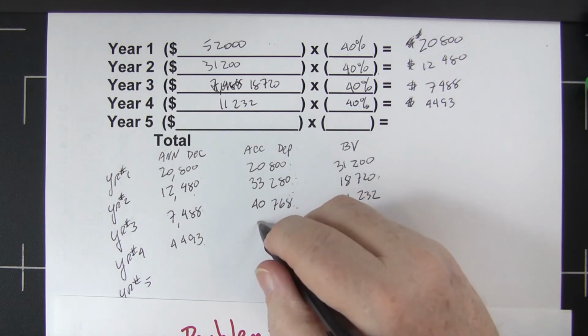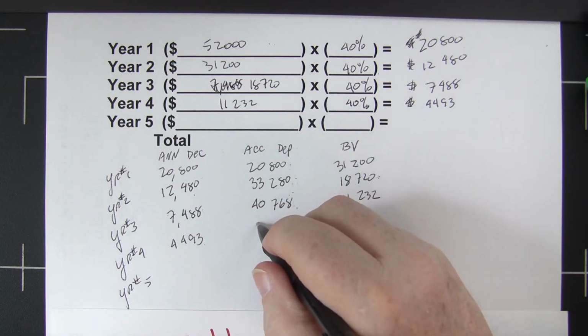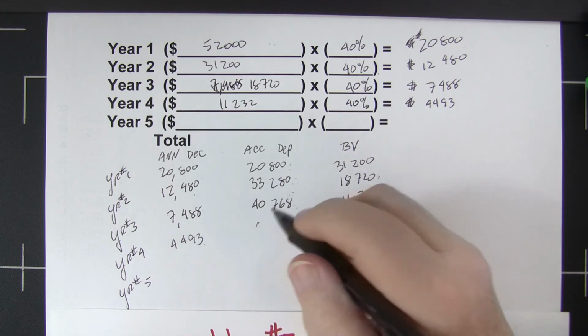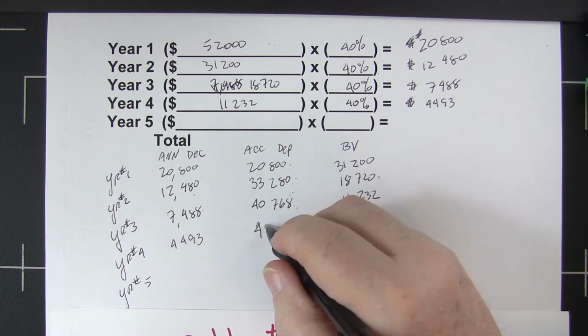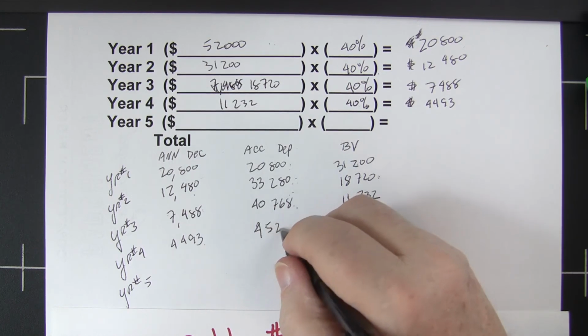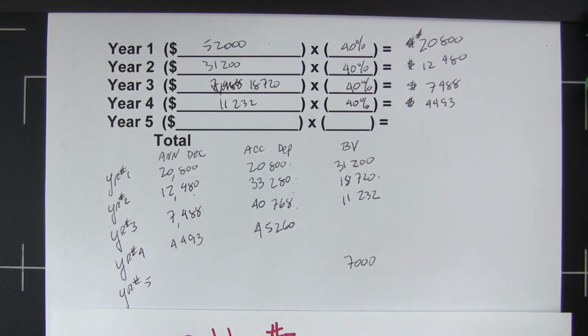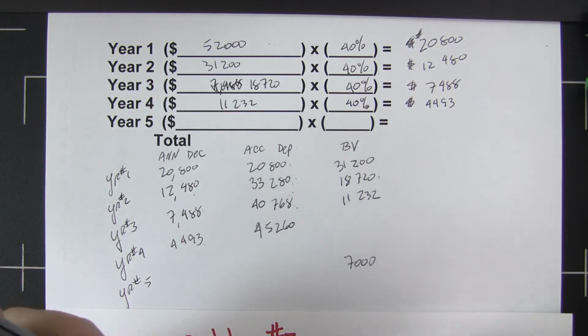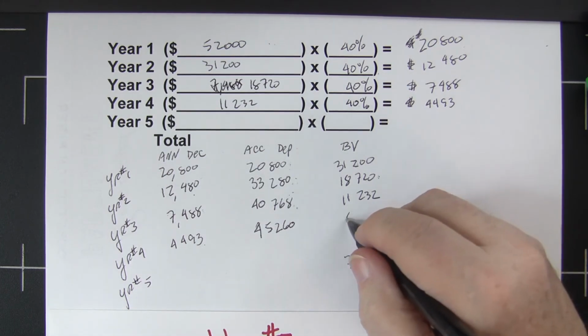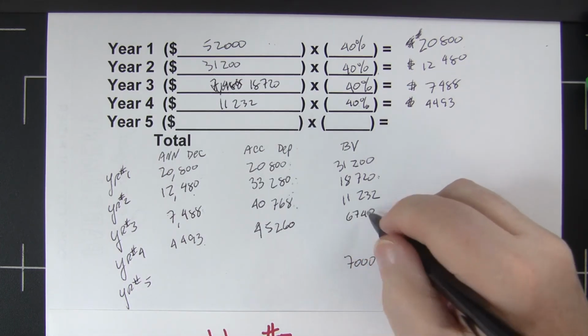But that takes our book value now down to... our accumulated depreciation to 45,260. And our book value, if we let that stand, is 52,000 minus 45,260, which takes our book value to 6,740.